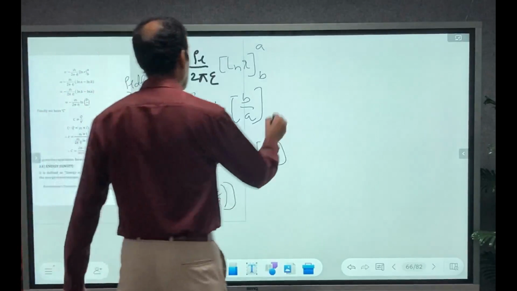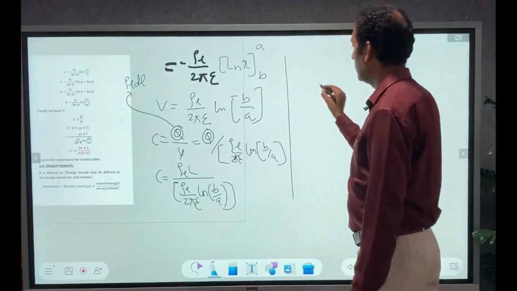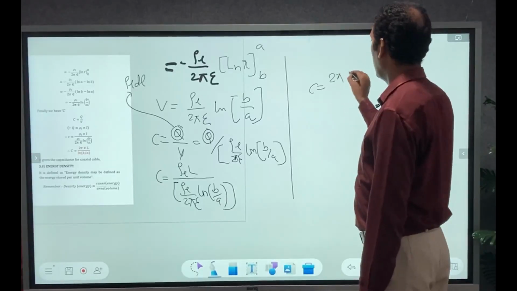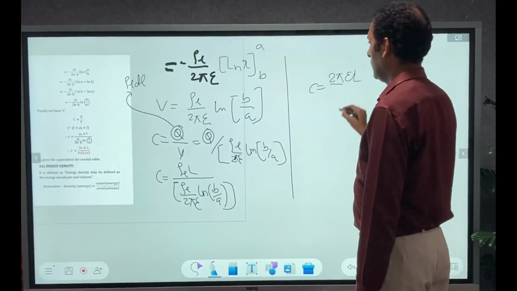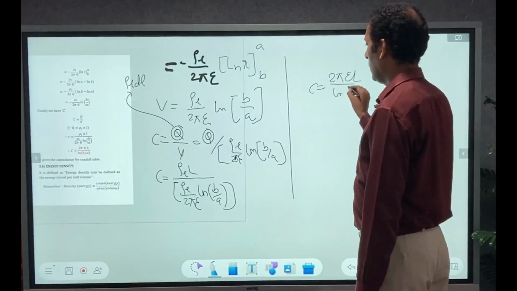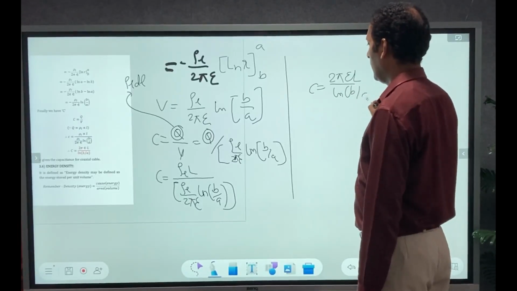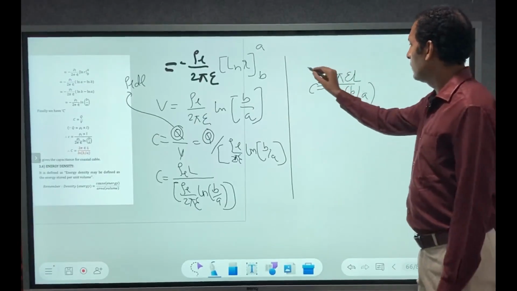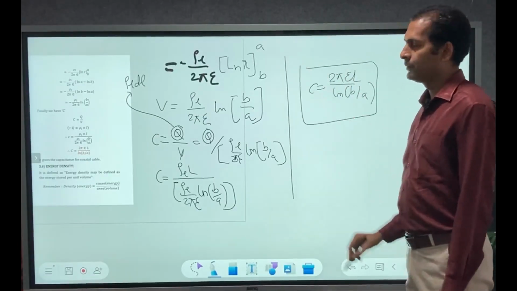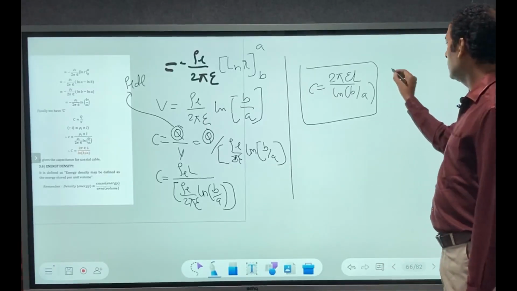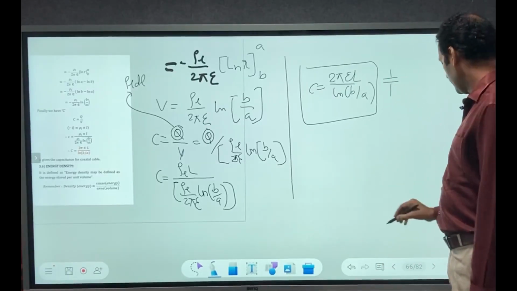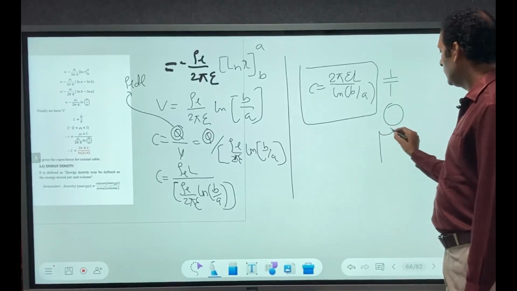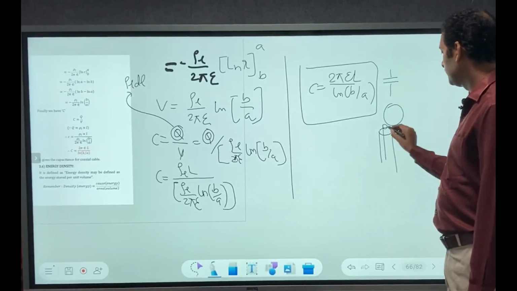If we simplify, we will get the final answer, that is C is equal to 2 pi epsilon L divided by log of b by a. So this is the capacitance for a coaxial cable. So we have derived capacitance for parallel plate, for sphere, and now for the coaxial cable.